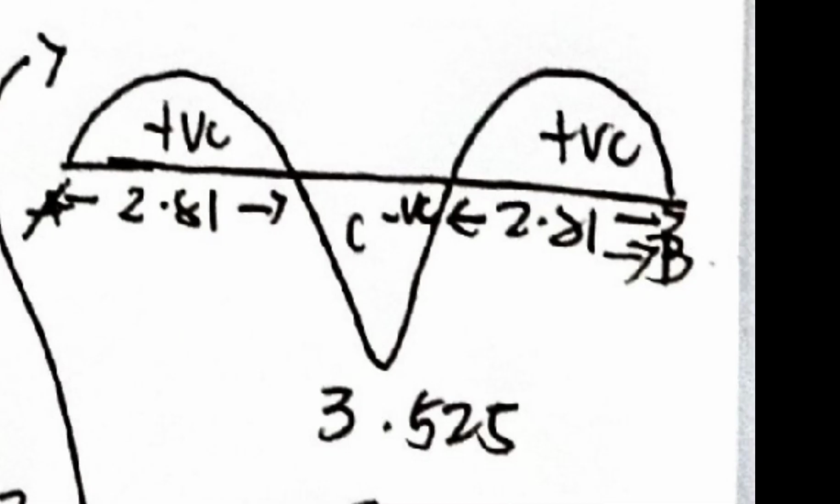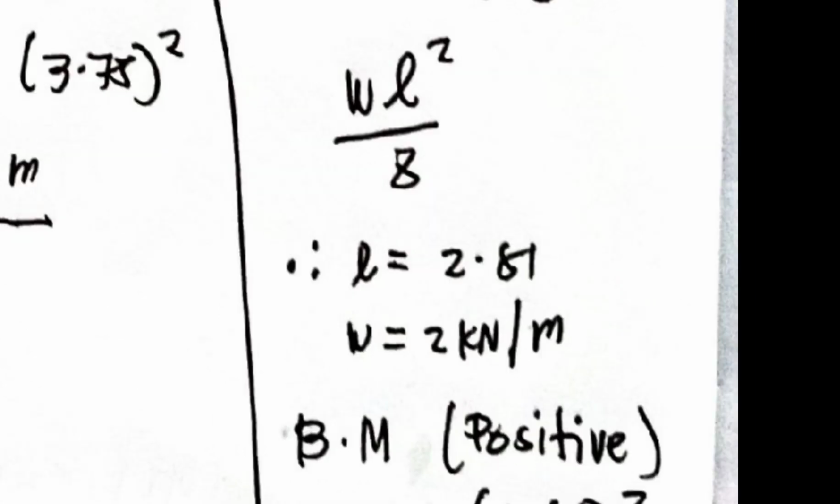By symmetry, the BM will be 0 at N equal to 2.81 from the right support as well as the left support. We know that the maximum, or positive, BM under this loading is parabolic in nature. BM max is equal to WL squared over 8. L will be 2.81, W will be 2 kN/m.